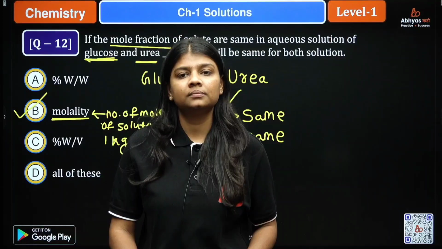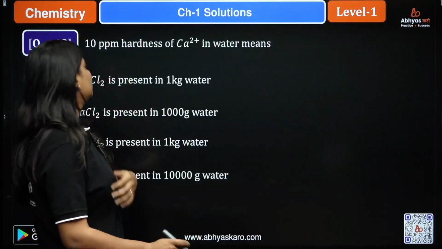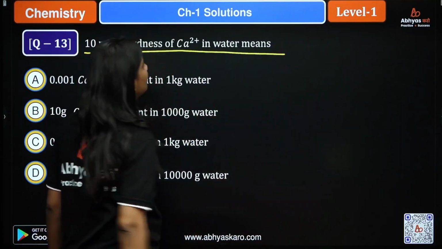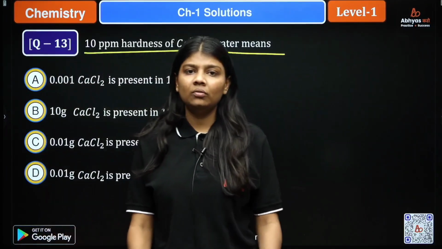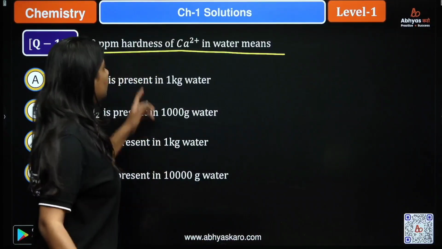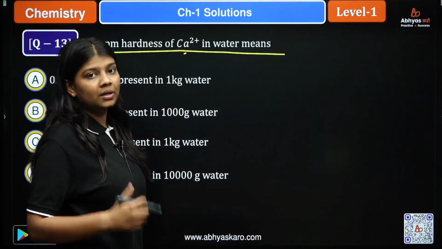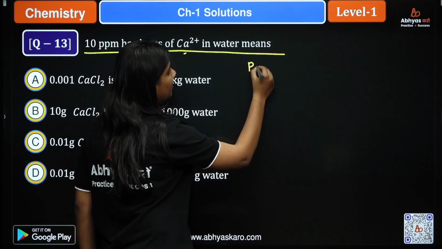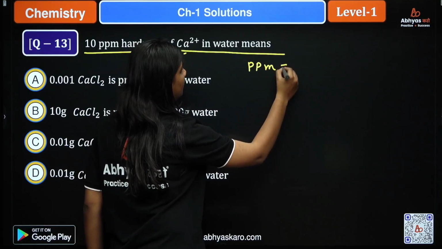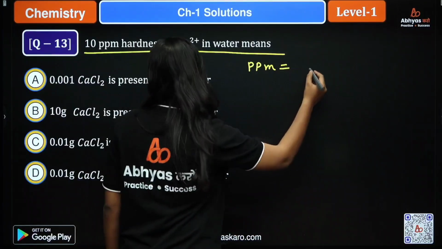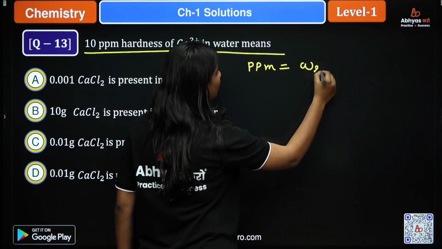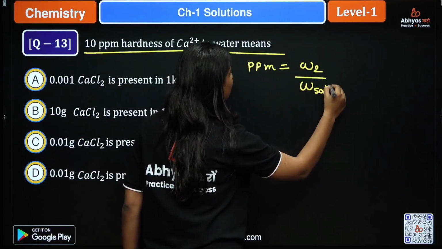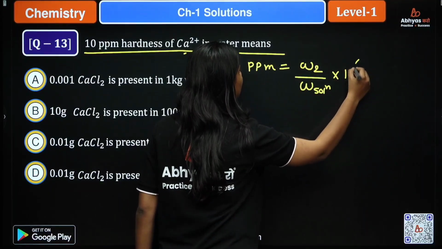Yes, students. Let's see another question, that is 10 ppm hardness of Ca+2 in water means. We know what ppm is. They are asking the amount of solute Ca+2 present in 10 ppm. As we know, ppm is equal to weight of solute in total volume of solution into 10 raised to 6.